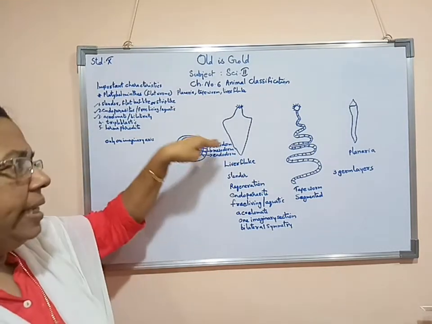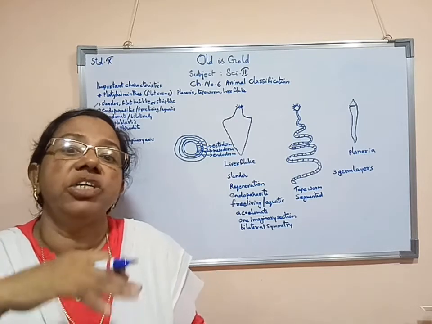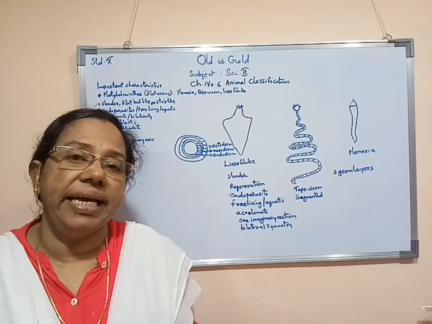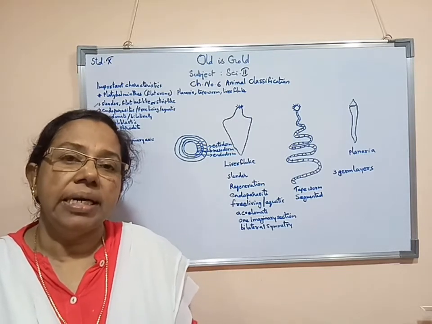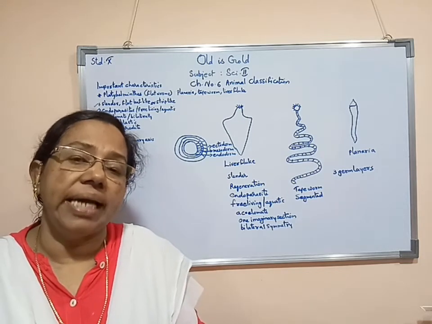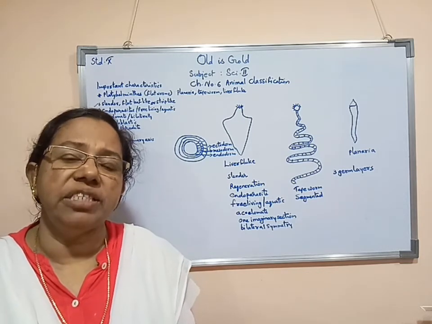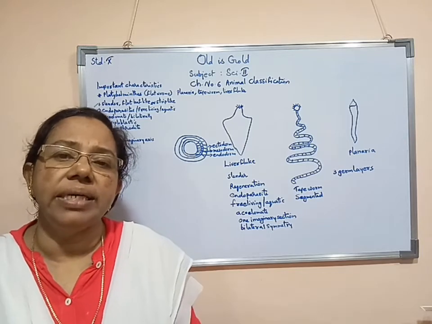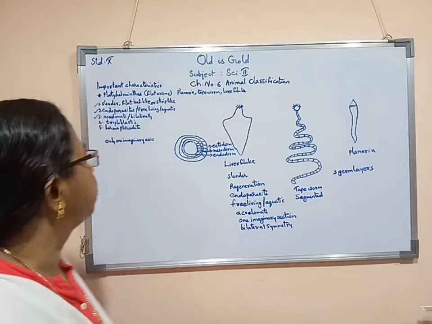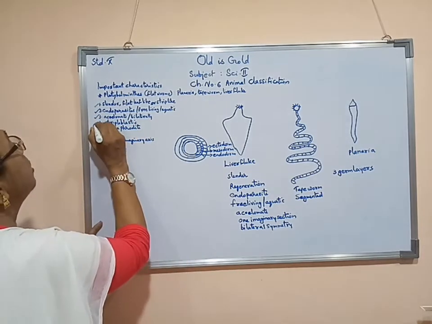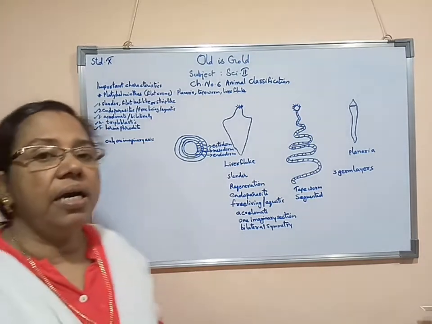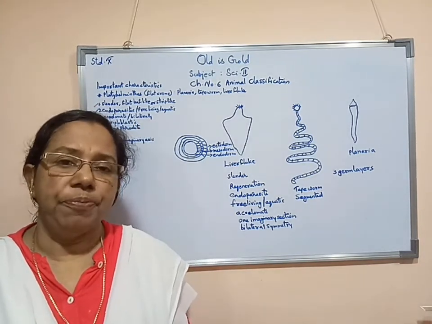So we can say that in their body three layers of cells are there. So they have three germ layers. The upper layer is ectoderm, the middle layer is mesoderm, the inner layer is endoderm. Then one more speciality they have: they are hermaphrodite.